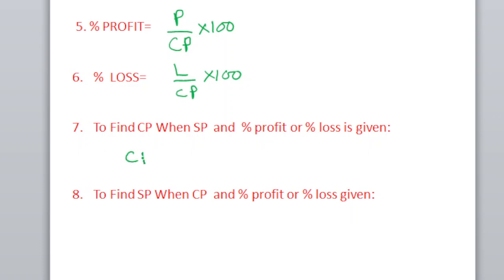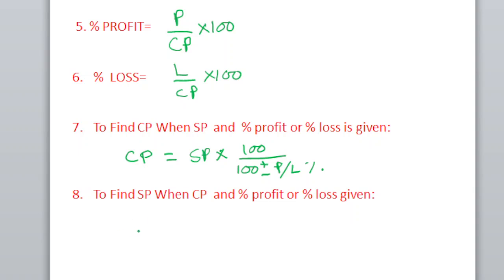Now CP is equal to SP into 100 divided by 100 plus minus profit or loss percentage. Now here, if there is a profit, then you can use the plus symbol, and if there is a loss, then you can use the minus symbol.